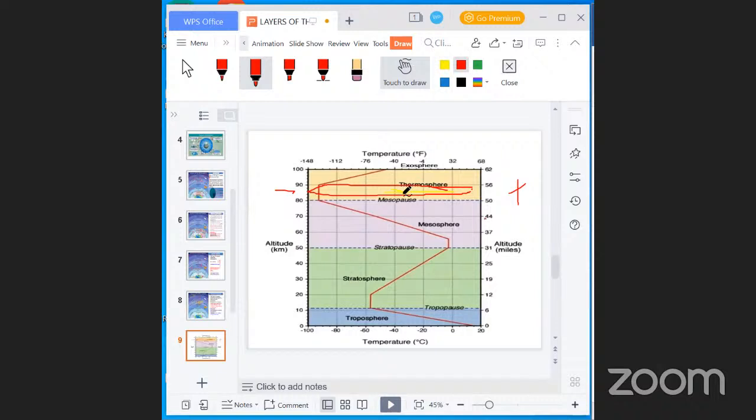They lead to radio wave transmissions, because the ionosphere reflects the waves back, and that leads to radio wave communication.